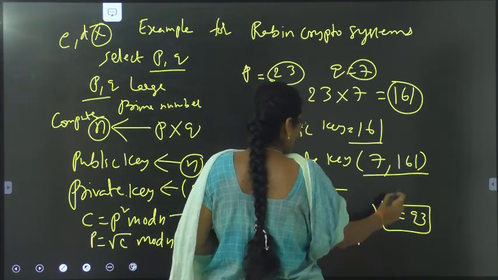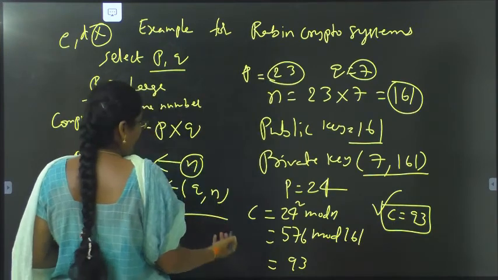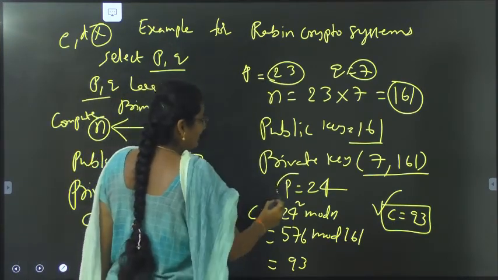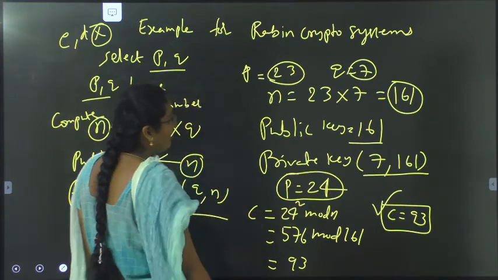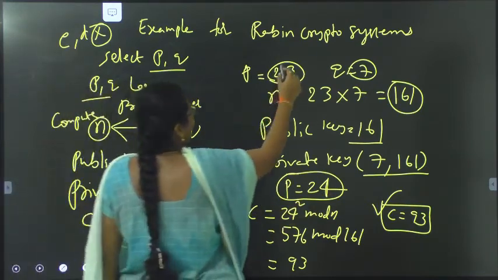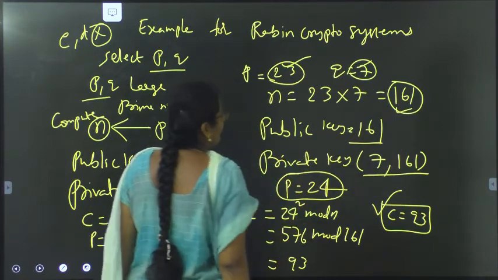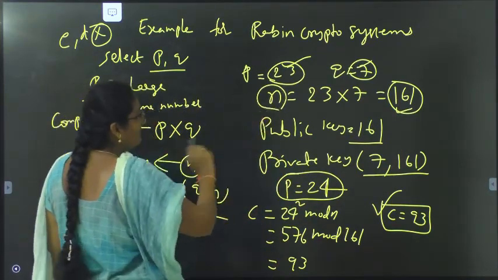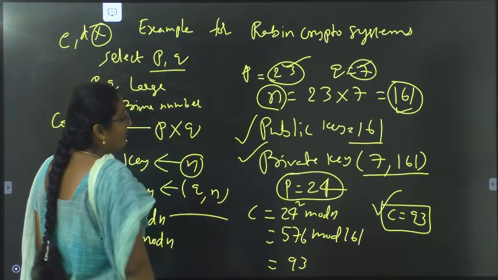You have to substitute this C value in the P formula, then cross check. First I assumed plain text will be 24 because 24 is relatively prime to 23, 7 and 161. I have taken 23 and 7, computed the product 161, then designed the public key and private key.